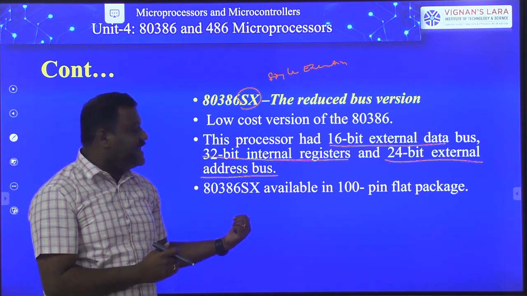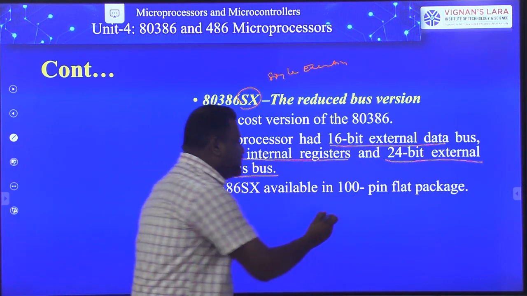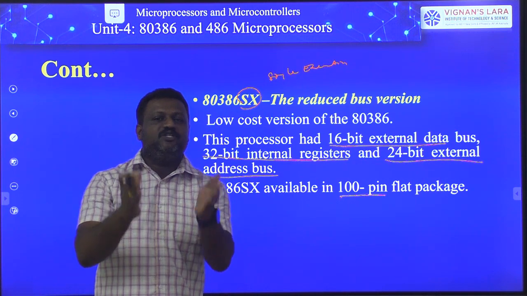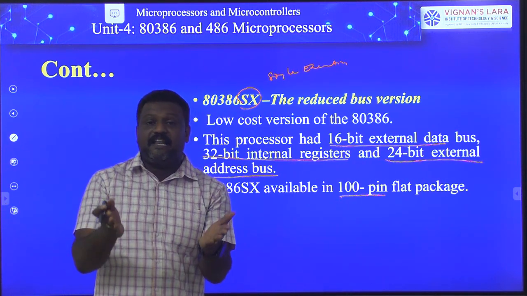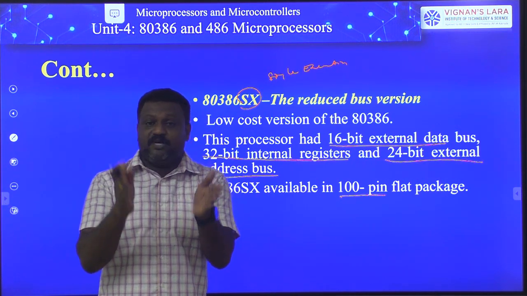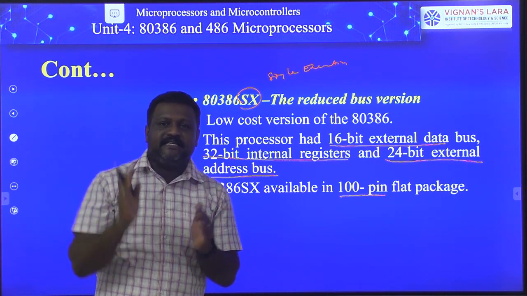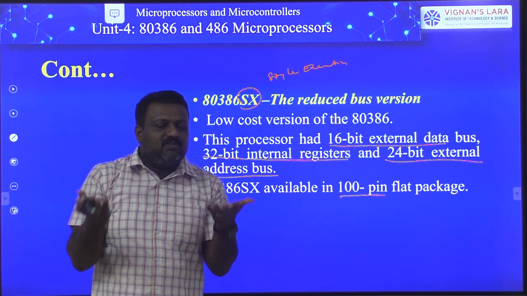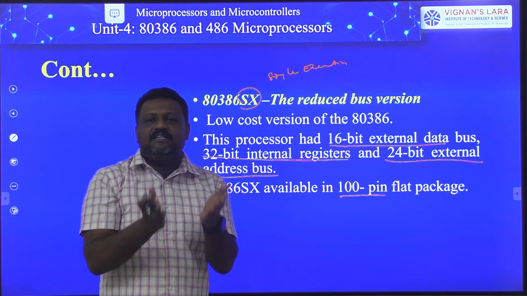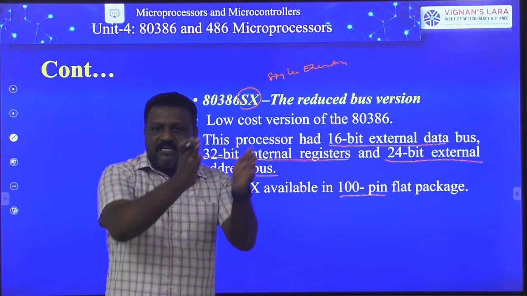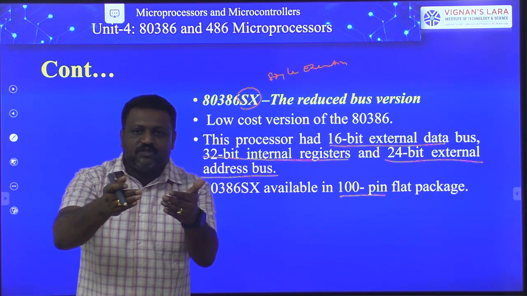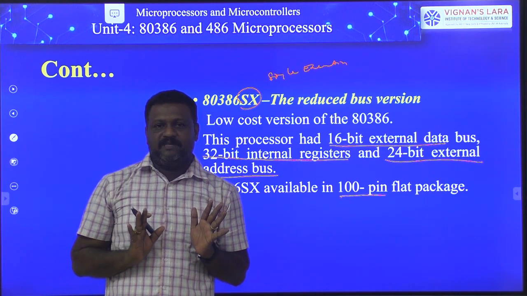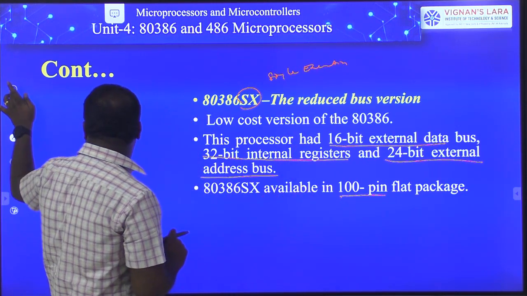This 80386SX was available in just a 100-pin flat package. The previous 80386DX was available in a 132-pin PGA because there we have 32 address lines and 32 data lines, but 80386SX is available only in a 100-pin flat package because the address lines are reduced from 32 to 24 and data lines from 32 to 16. So that is the second version.